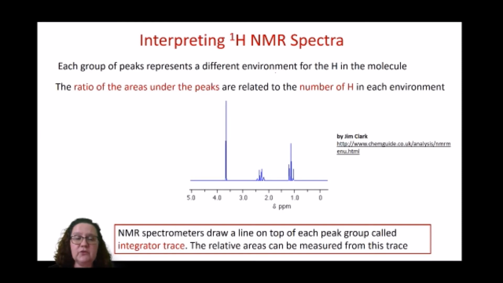So let's first look at the number of hydrogens. Proton NMR spectrometers draw a line on top of each peak, and we call that the integrator trace. The relative area under those peaks can be measured by measuring the height of that trace.